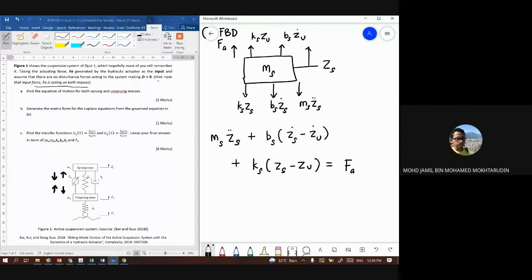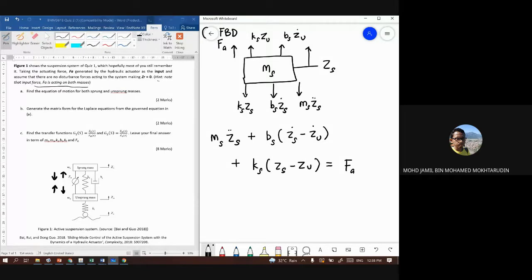You can write it like this, or if you look at question B, later you need to generate the matrix for the Laplace equation. So you can continue writing in the frequency domain.